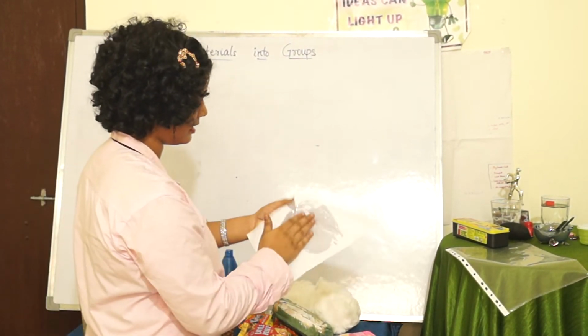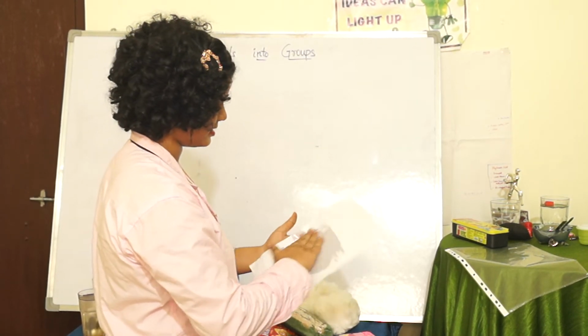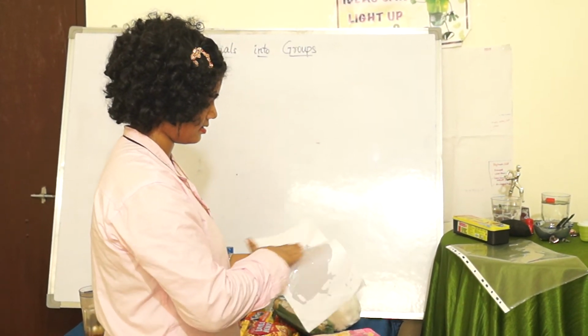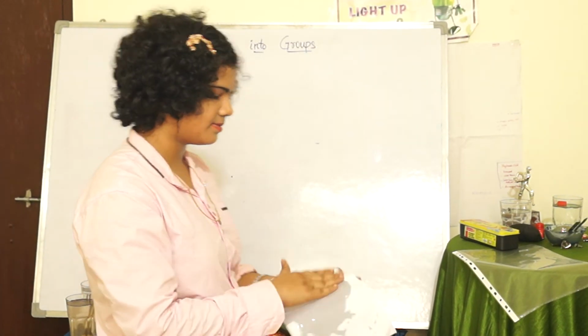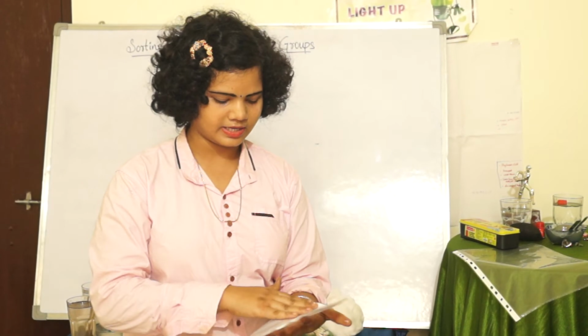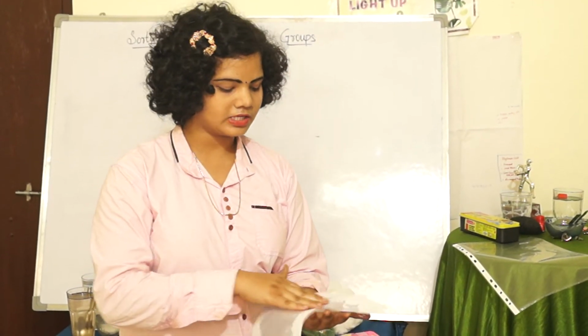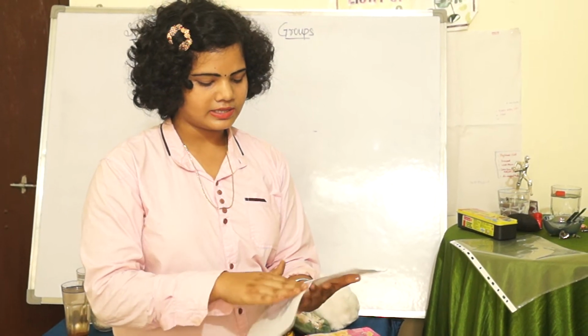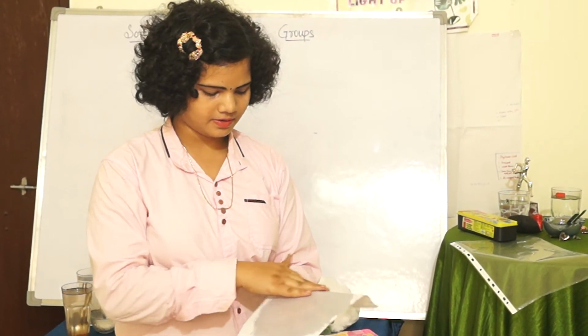Just spread this oil over the whole paper like this. You can see this experiment in the book also. They have given this experiment on the translucent page. So you should spread the oil all over this paper.